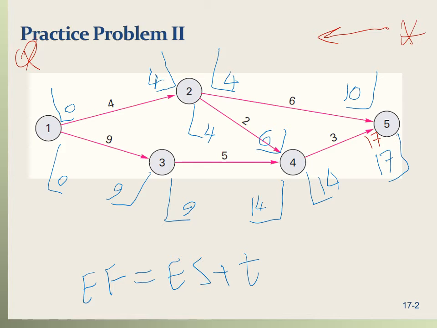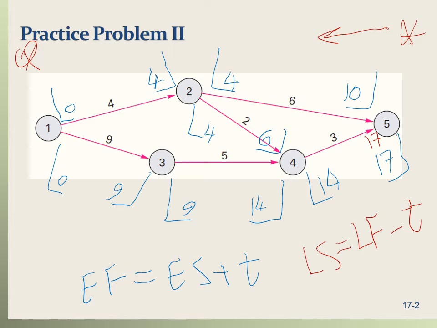We want the project to get done by 17, the length of the project. So the latest finish that this activity can be completed without delaying the project is 17, equal to the early finish, because it's a critical activity. To compute the latest start, we can use this formula: latest start is equal to the late finish minus t, where t is the activity's length.